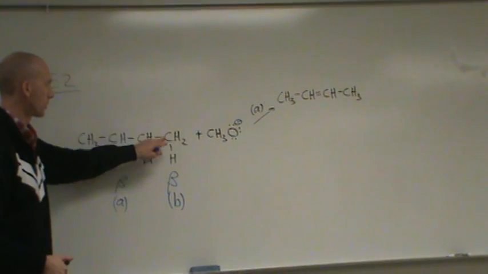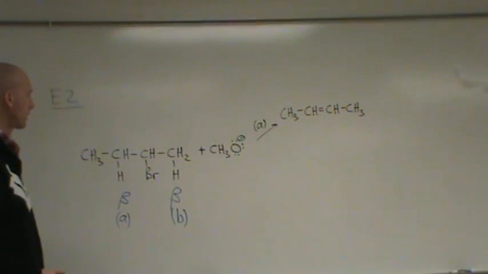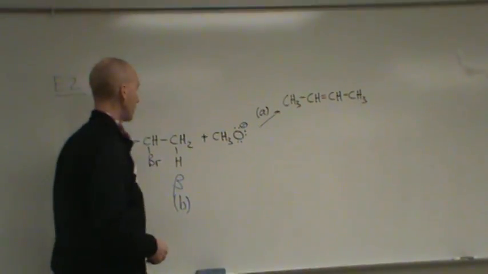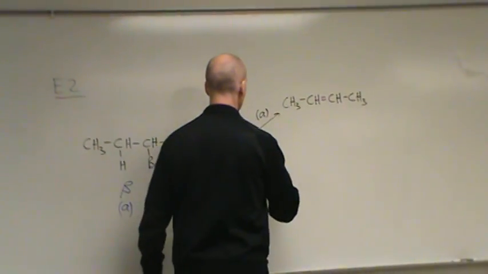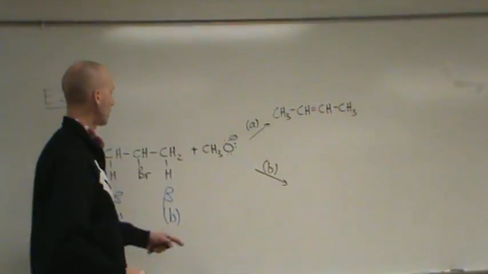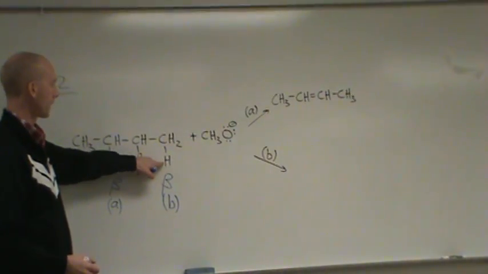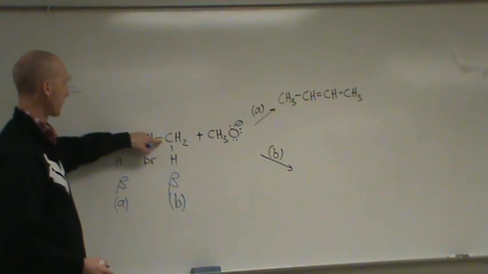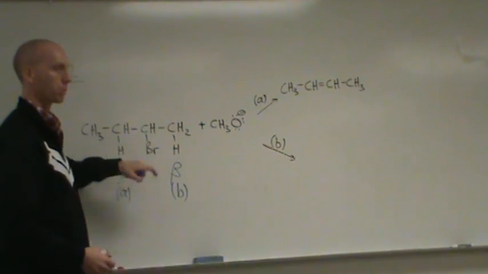And this stays CH3. If I did the B attack, then the base would take this beta hydrogen, form a double bond here, kick the bromine up.